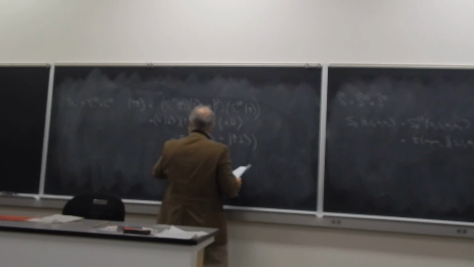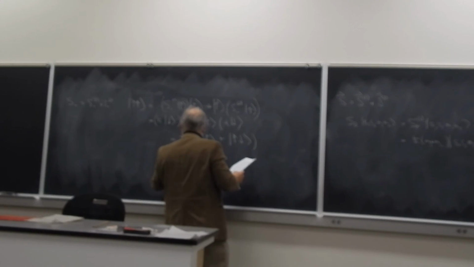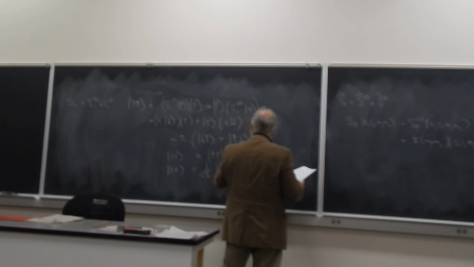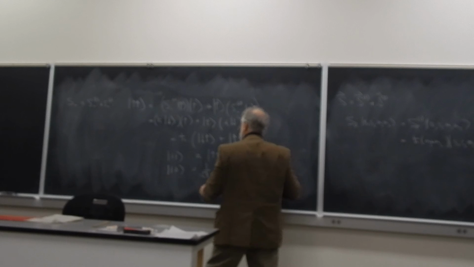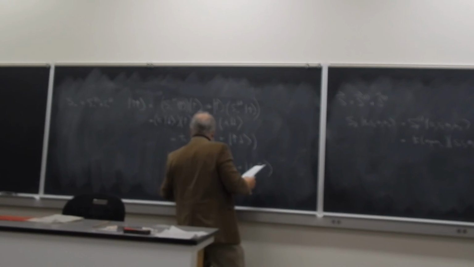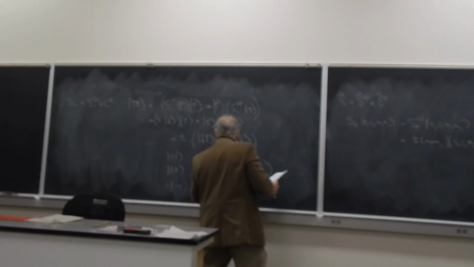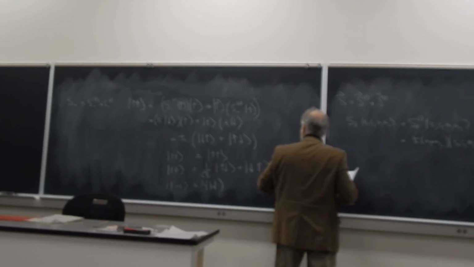Write it this way: the 1, 1 state is spin up, spin up. 1, 0 would give me 1 over square root 2, spin up, spin down, plus spin down, spin up. And 1, minus 1 gives me spin down, spin down. That's my triplet combination.